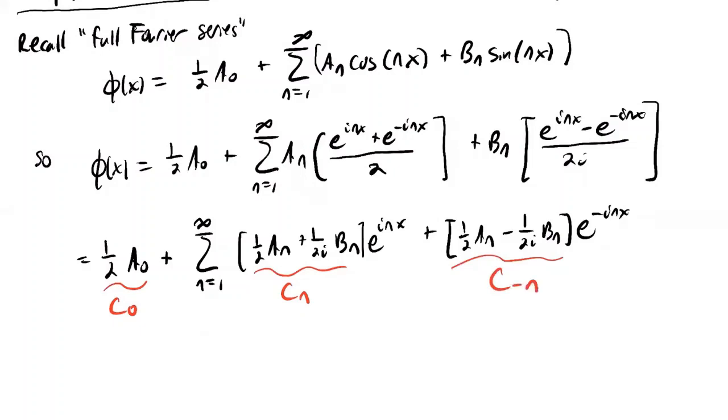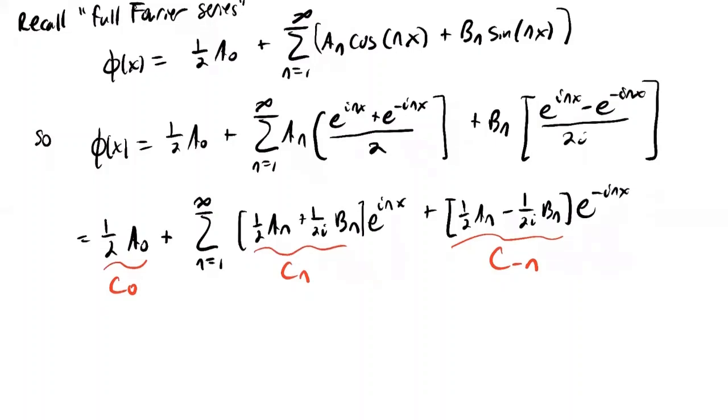And so if I use this notation, I can write my function phi as the sum. Now n is not ranging from 1 to infinity because I also have negative integers. So negative integers are allowed to appear.